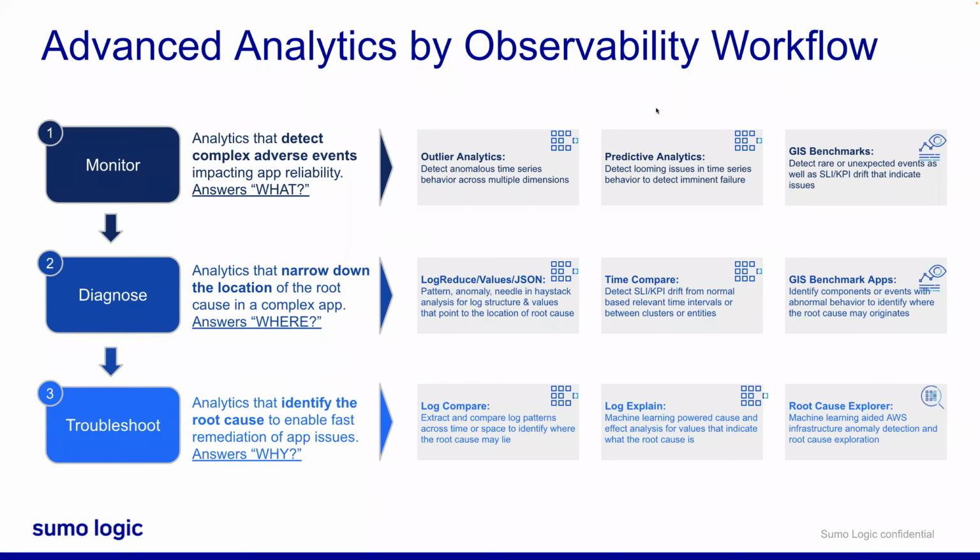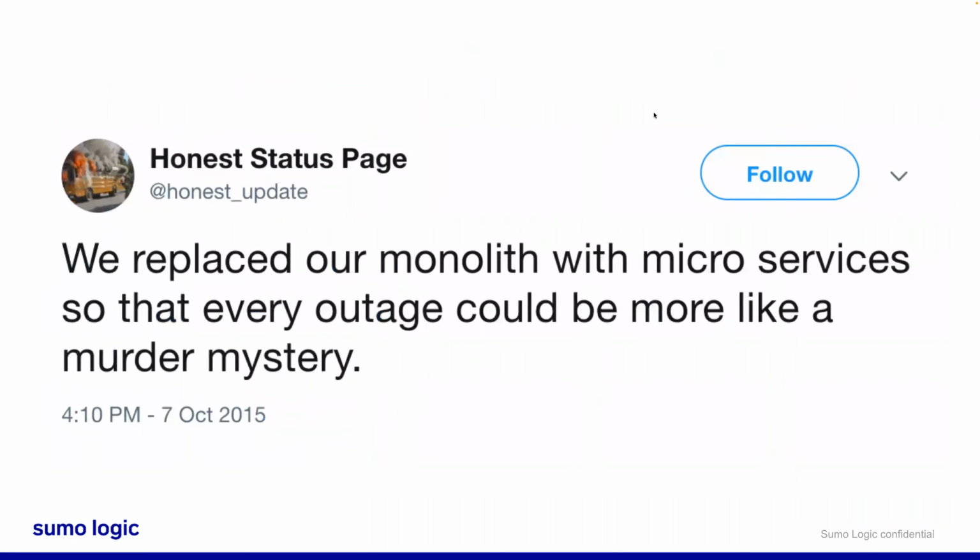All right, I have this little quote here that I think is funny, or humorous, maybe a little dry. It says, we replaced our monolith with microservices so that every outage could be more like a murder mystery.